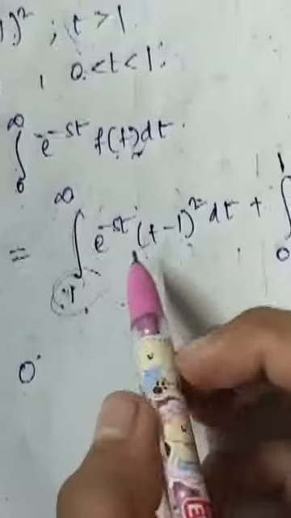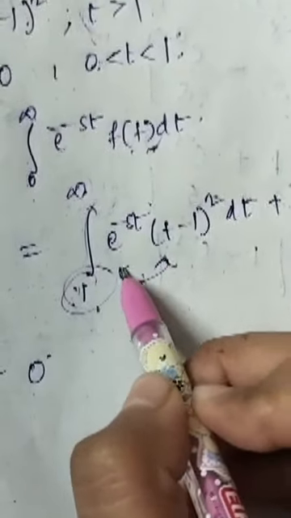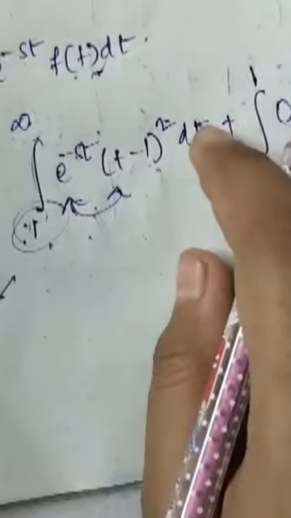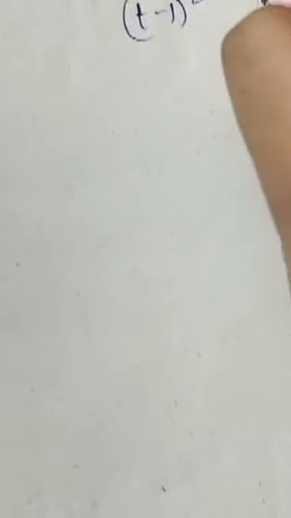So yeah, here the condition appeared again. So what we do? Here it is an algebraic function, and it is an exponential one. So in ILATE, algebraic comes first, then differentiation, integration, the trick which I said we have to apply. Okay, t minus 1 whole square, e power minus st, differentiation of this one, what happens?